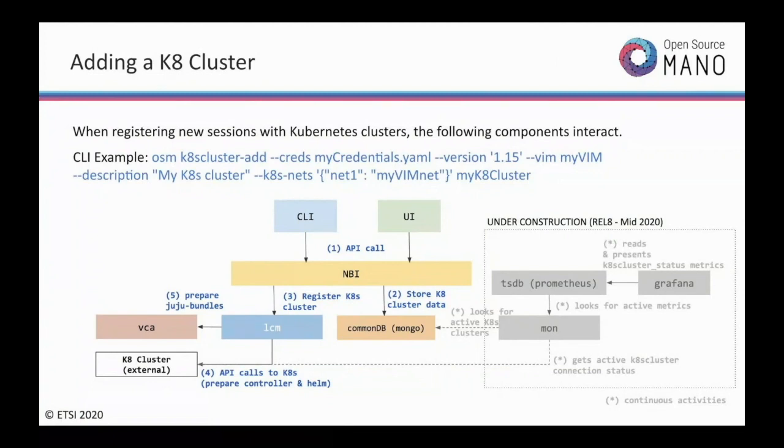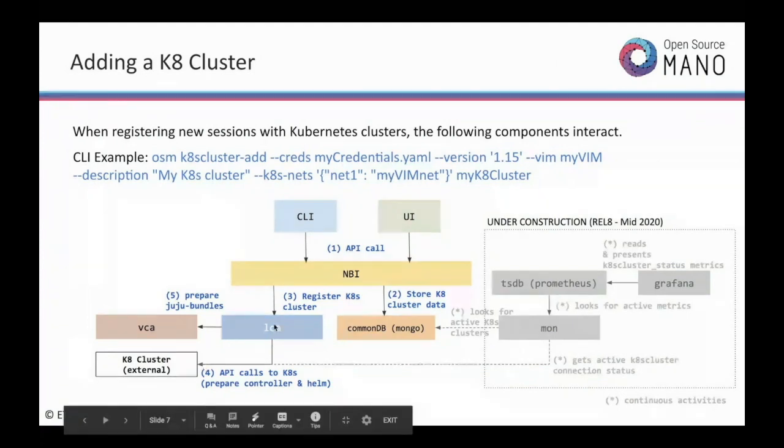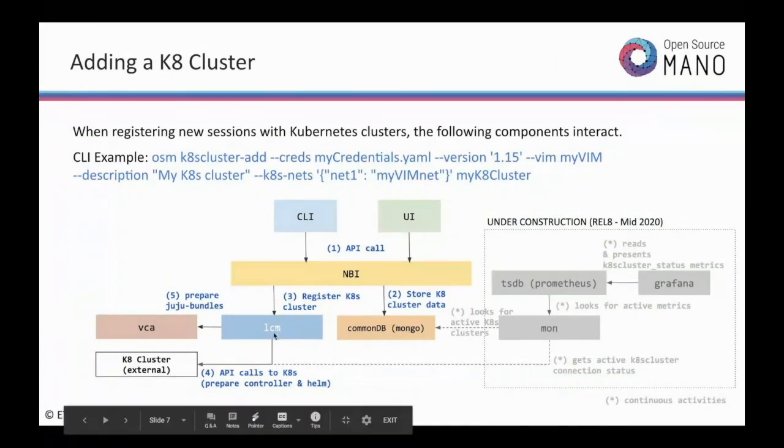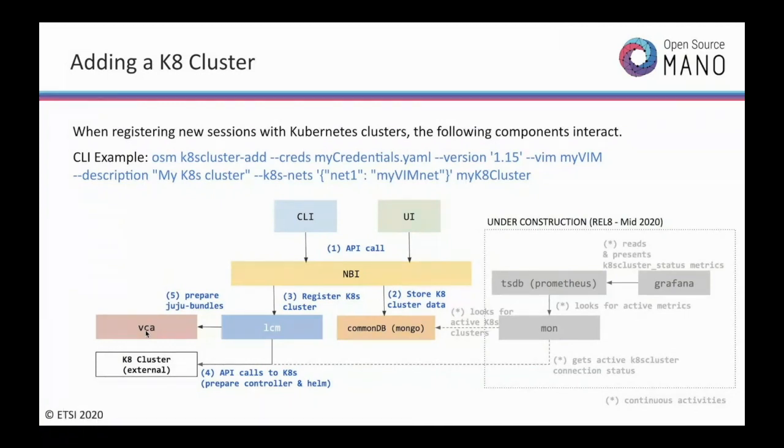When you create a Kubernetes cluster, in a similar way to the VIM, it goes and stores that information in the common DB, then registers through LCM the Kubernetes cluster, and LCM interacts directly with the Kubernetes cluster to prepare a controller component and Helm element to then manage lifecycle of pods, and it goes to VCA to prepare Juju bundles, which is a way to deploy containerized network functions in OSM. So we have these two happening in parallel.